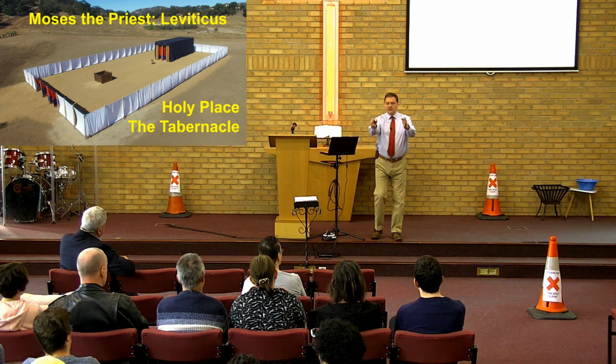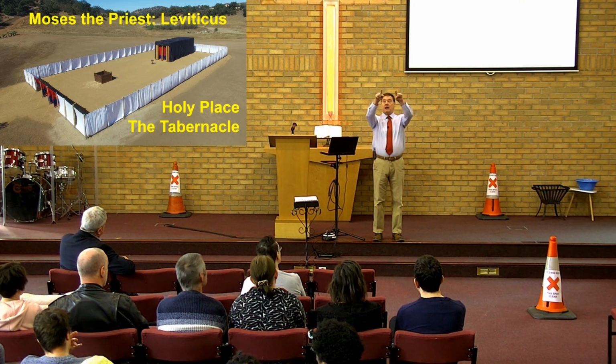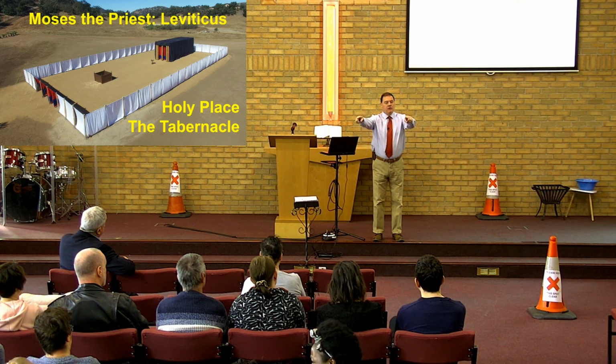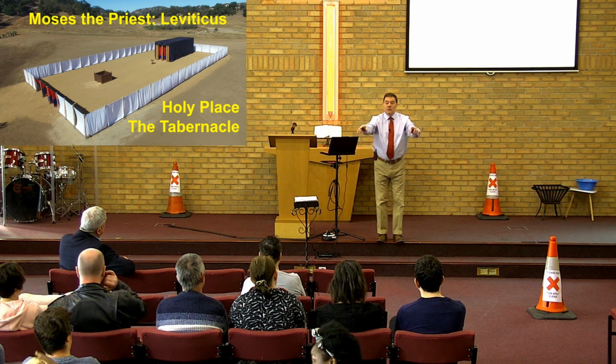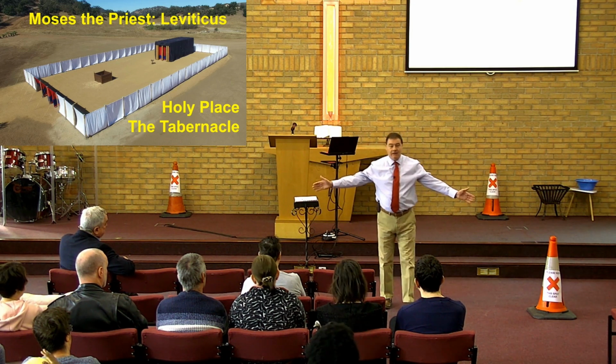So if you can imagine that the height of this goes right up to that piece of wood at the top there. That's how tall it was. It was quite tall. And then you've got about 30 feet of it, or whatever that is, 9 meters or so. That is what was called the holy place. And inside that space, it would come from there to there.